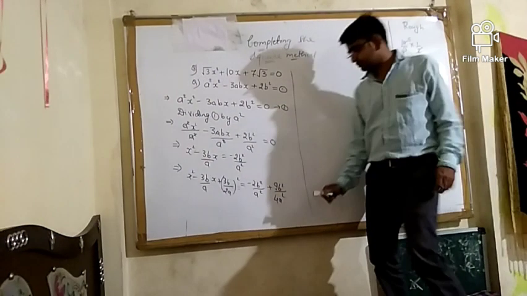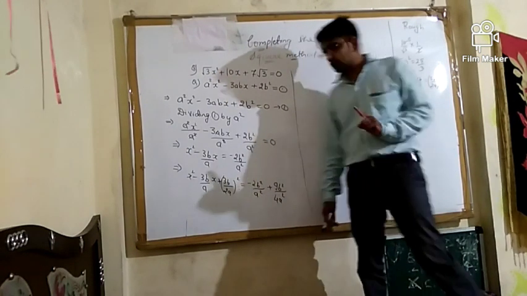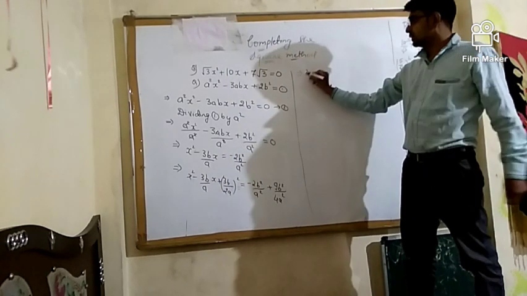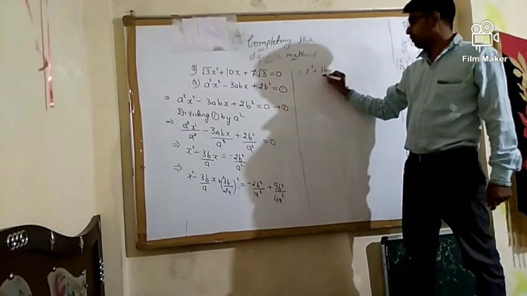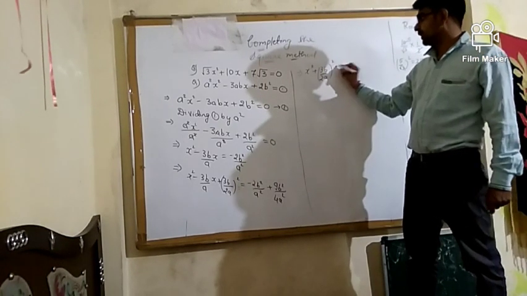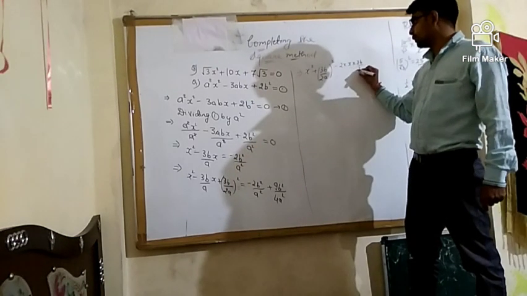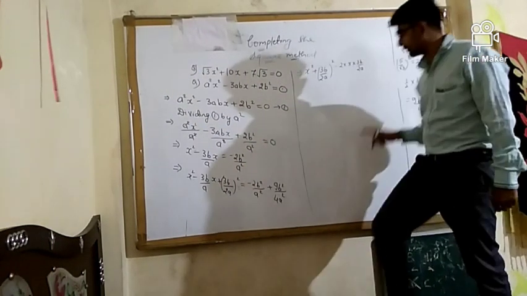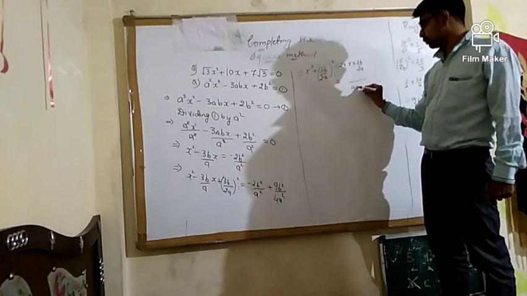Now see, the LCM of 4a square and a square will be 4a square, and the LHS can be written as x square plus 3b upon 2a whole square minus 2 into x into 3b by 2a. You just simplify this, you will get this term minus 3b by a x, okay, which is equal to, LCM will be 4a square.